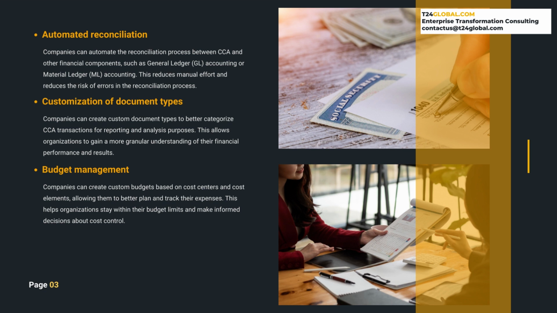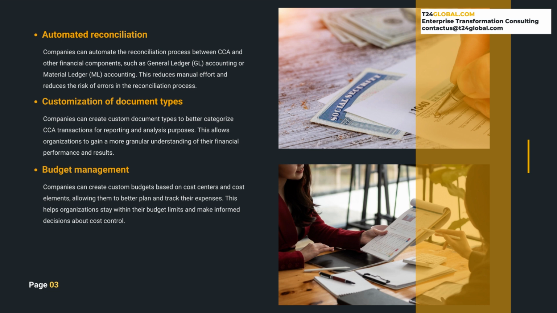Key IT customization needs for operations activities include configuring the reconciliation rules, creating the reconciliation jobs, and setting up the reconciliation schedules. In terms of compliance, companies need to ensure that the reconciliation process is consistent with their internal controls and audit requirements. Customization of document types.